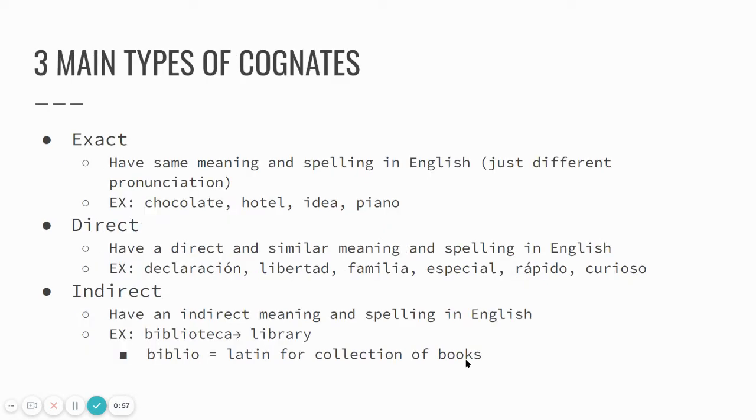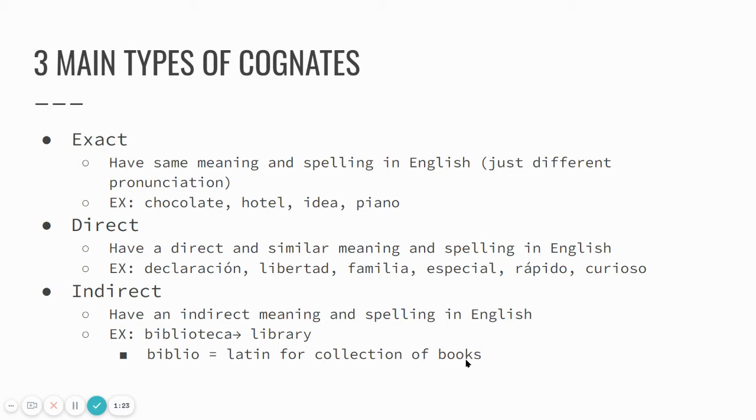So, what is an exact cognate? They have the same meaning and the same spelling in English and your other language, just a little bit different pronunciation. So, for example, we have in English chocolate, in Spanish, we have chocolate. Same meaning, same spelling.